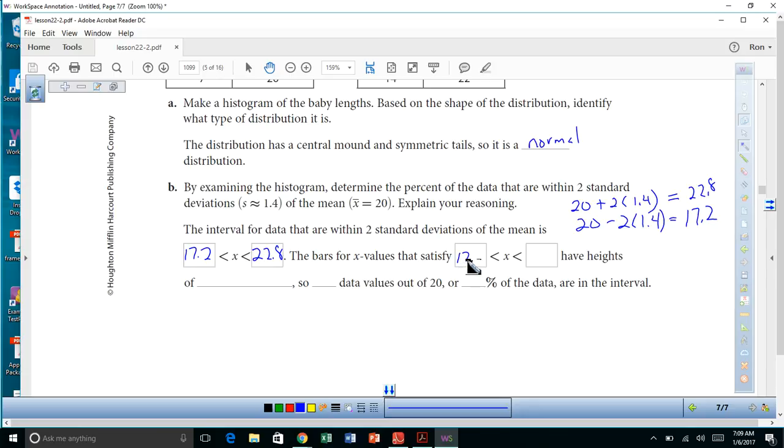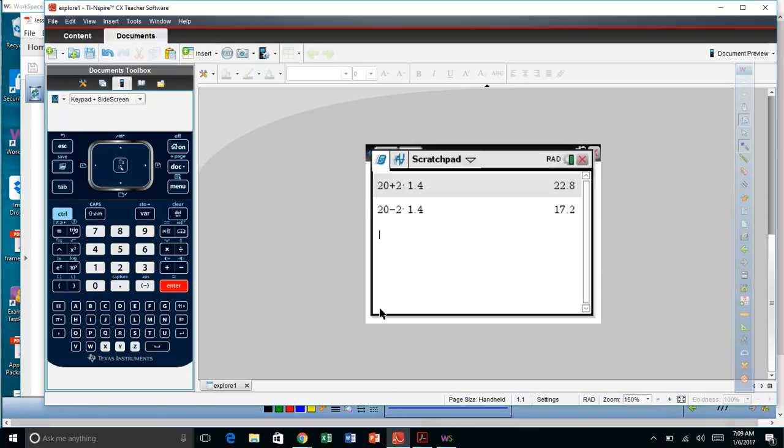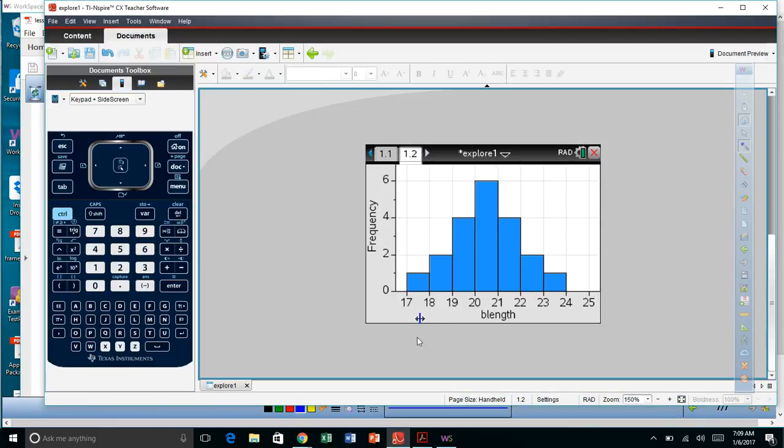The bars for the x values that satisfy the interval 17.2 to 22.8 have heights of, well, let's go and look. 17.2 to 22.8. So we're looking at 2, 4, 6, 4, 2.